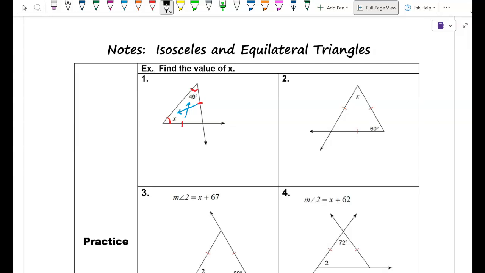They're the same measure, so we can just say x equals 49 degrees. Now, are all of them going to be that easy? No. But we do, just to understand the idea, that if two of the sides are congruent, I know that the angles opposite those two sides are congruent. So if one of those congruent angles is 49 degrees, the other congruent angle has to be 49 degrees.